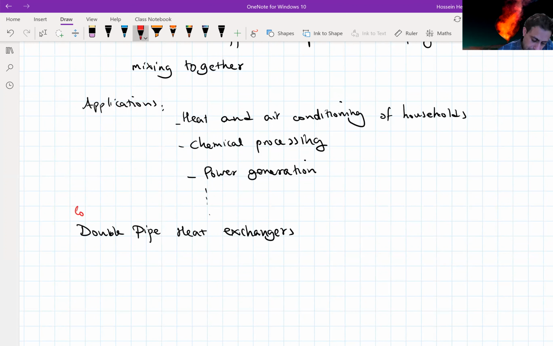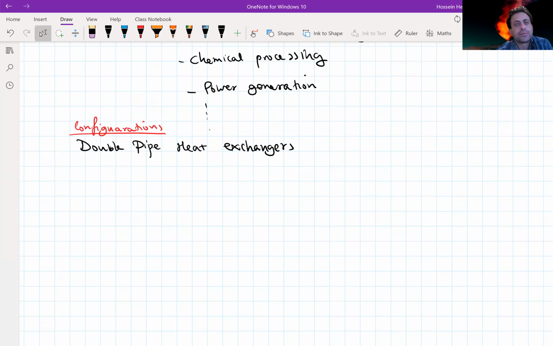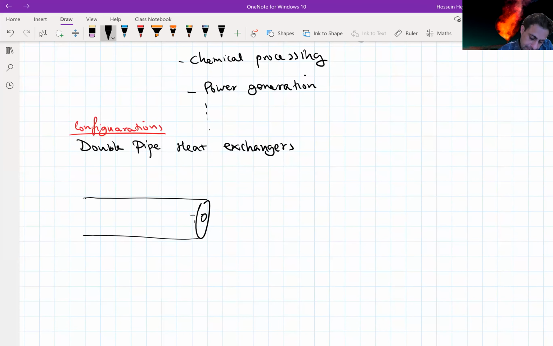So this is in terms of configuration. Double pipe heat exchangers provide a single pass, and what we have in double pipe heat exchangers is a bigger tube. They are generally made of two tubes, where inside that we have another tube.